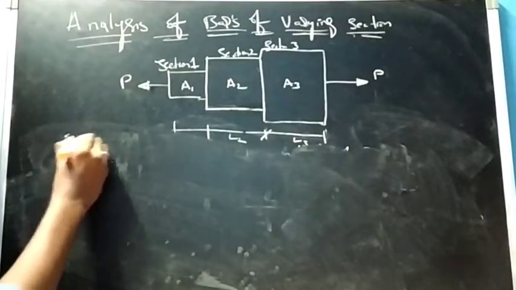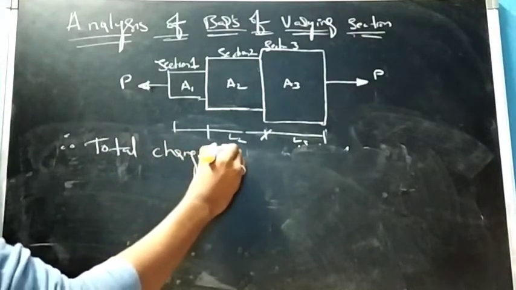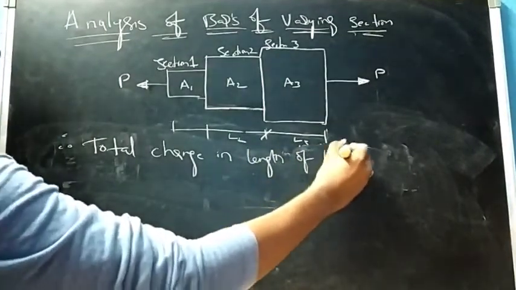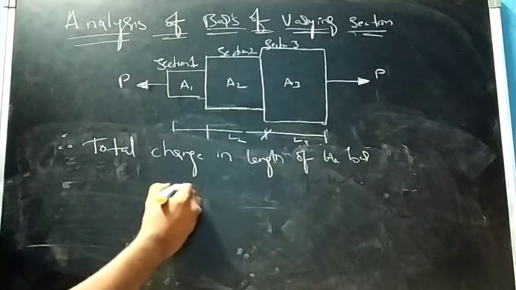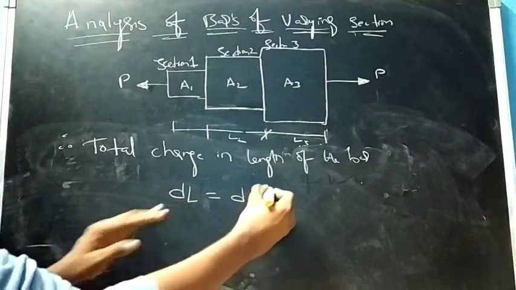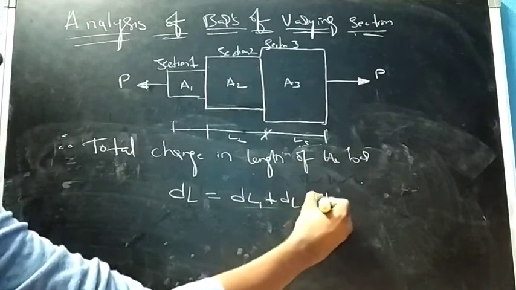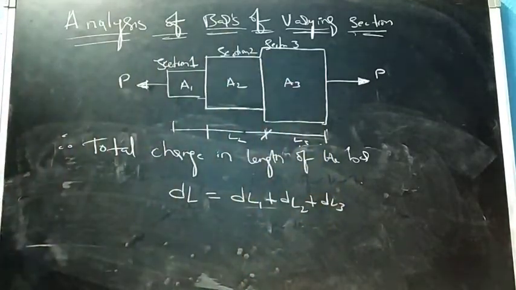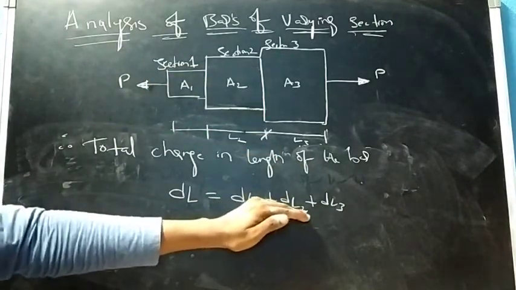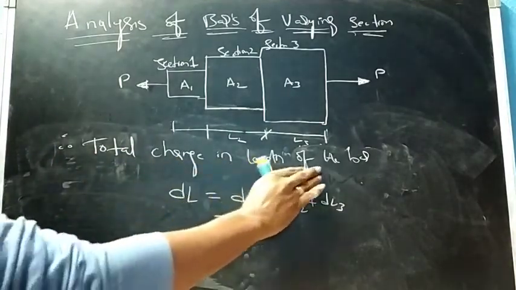So let me write here, therefore the total change in length of the bar, let's say dl equals dl1 plus dl2 plus dl3. Before, we know what dl1, dl2 and dl3 are. Please substitute here so that you can get the total change in length of the bar.